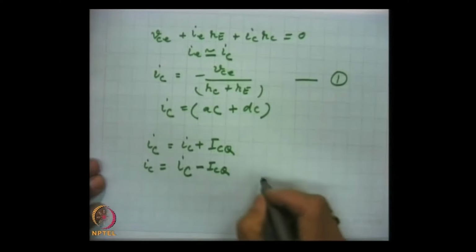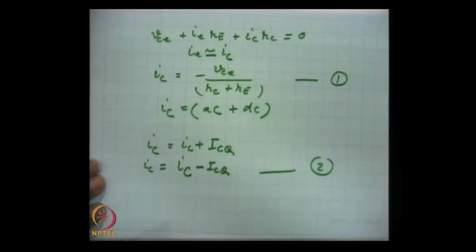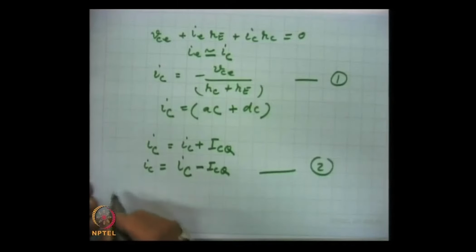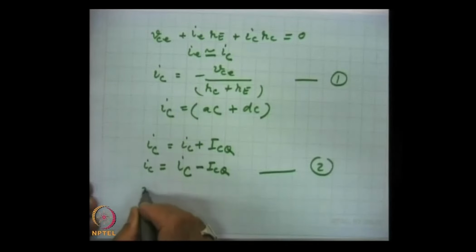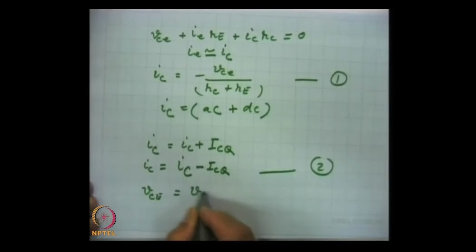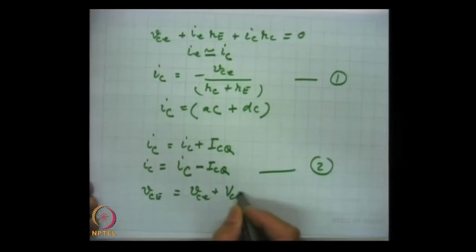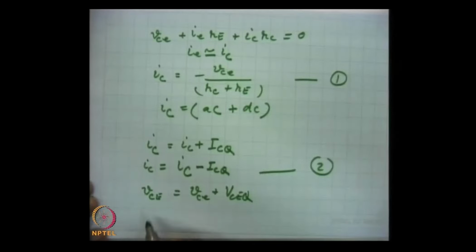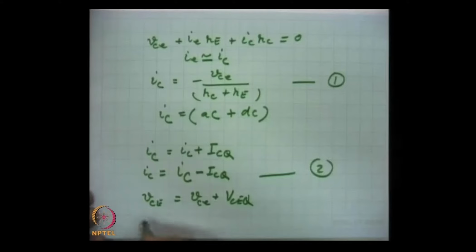This is equation 2. Similarly, we can write the voltage VCE as the AC part plus the DC part at the Q point, and from here vce is VCE minus VCEQ.